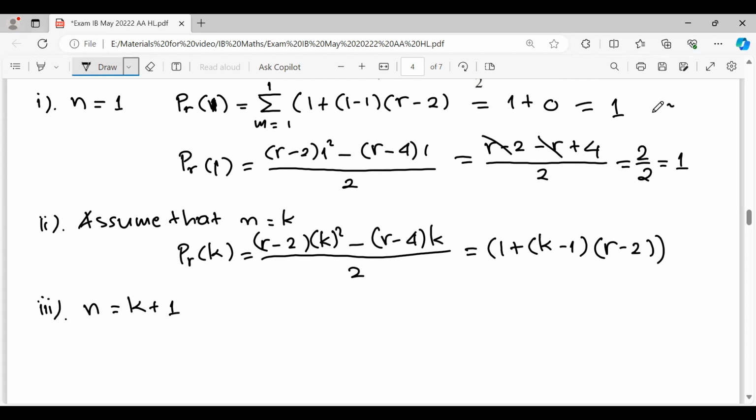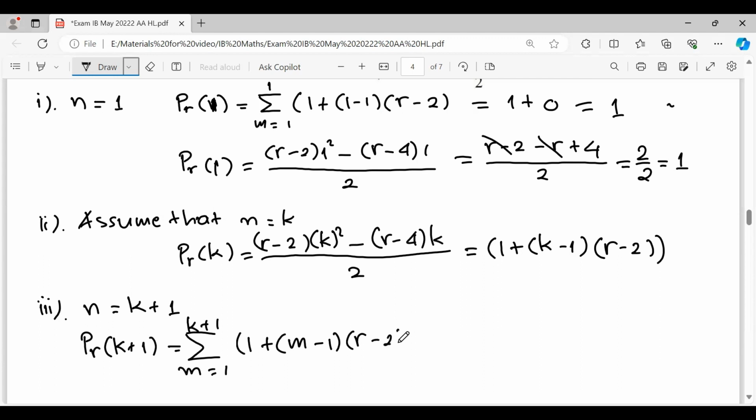For this equation, P_r(k plus 1) equals the sum from m equals 1 to 2k plus 1, 1 plus (m minus 1) times (r minus 2), plus 1 plus (k plus 1 minus 1) times (r minus 2).